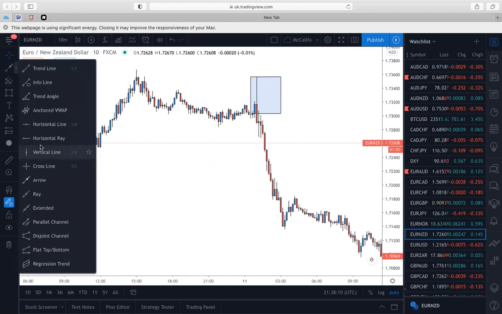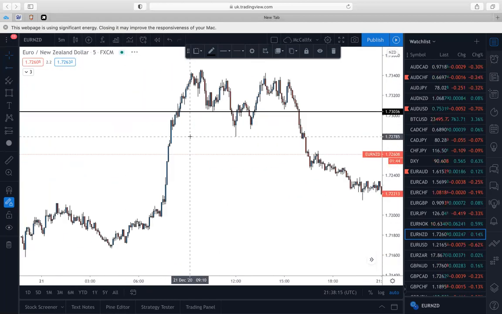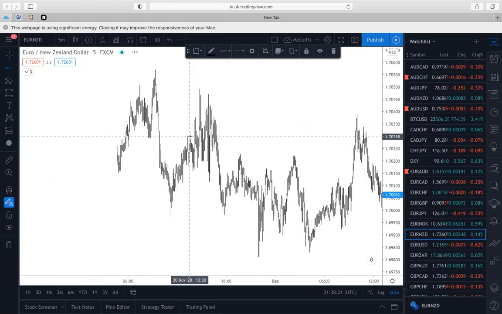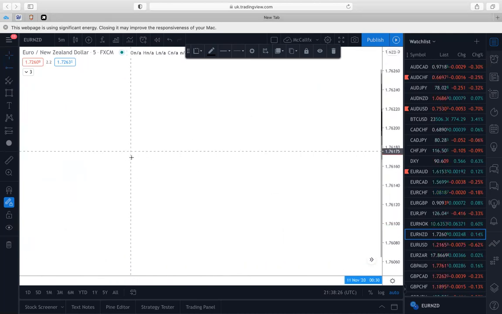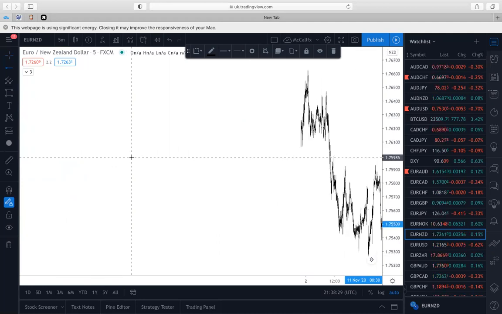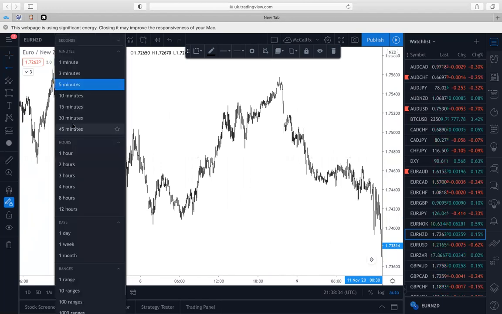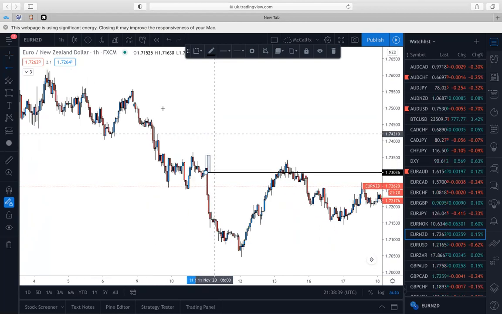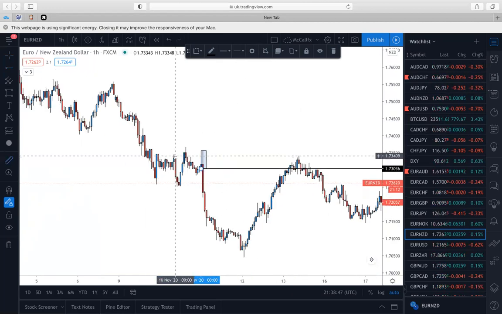So I'm just gonna put a line just to see this and then move to a 3 minute time frame. Wait, what? I don't know why it's not working, but let's just stick to the 1 minute time frame. So this is gonna be my entry. I'll be looking to find entries around this region, but my 3 minute time frame is not working. So let's imagine this is our entry.